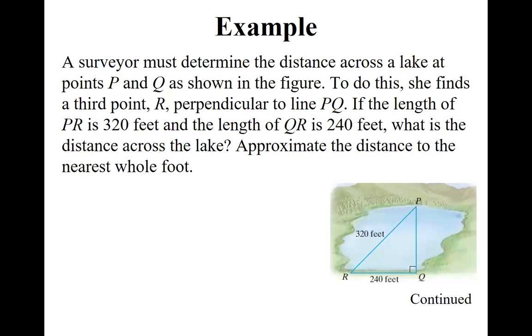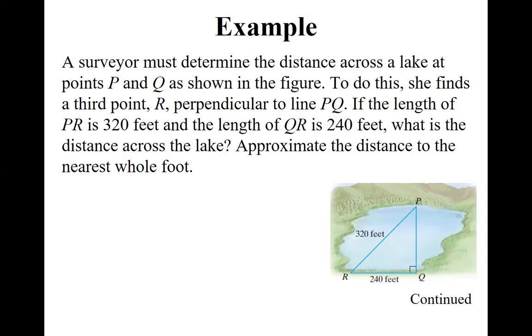A surveyor must determine the distance across a lake at points P and Q as shown in the figure. To do this, she finds a third point R perpendicular to line PQ. If the length of PR is 320 feet and the length of QR is 240 feet, what is the distance across the lake?